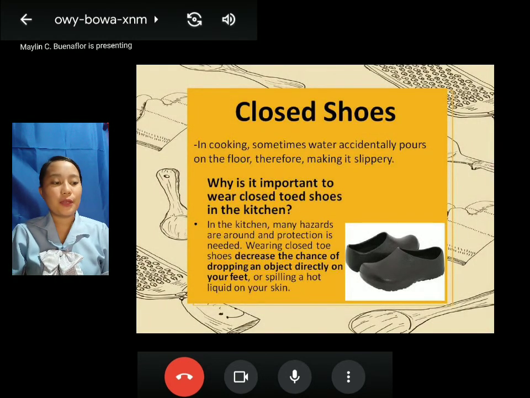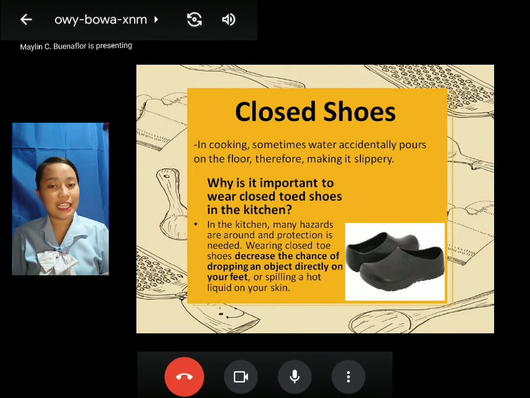And for the last one, we have closed shoes. Using closed shoes is greatly helpful, most especially for those people who are working in restaurants or food establishments, because sometimes accidents might happen and make the floor slippery. So why is it important to wear closed shoes in the kitchen?